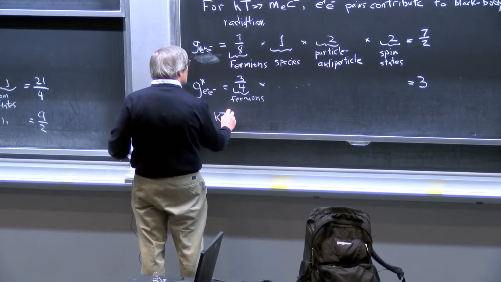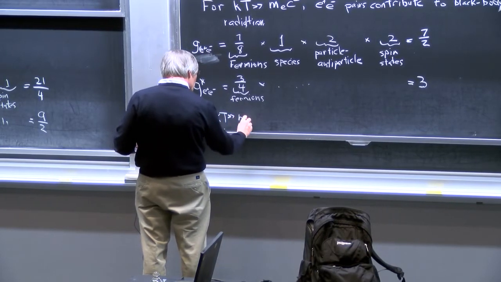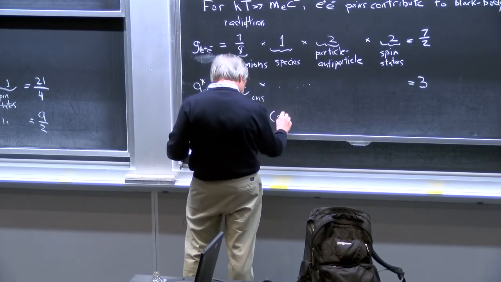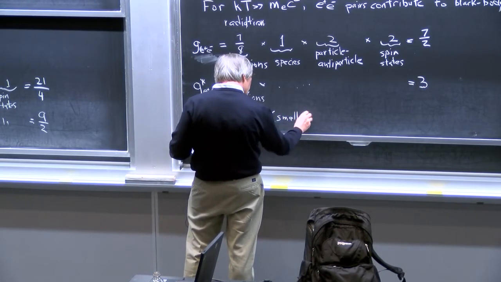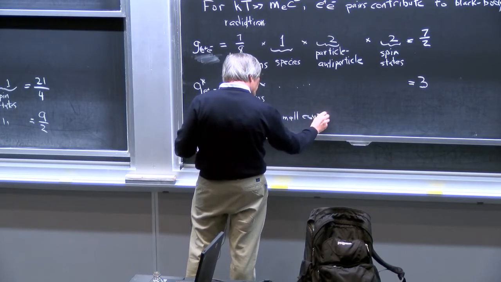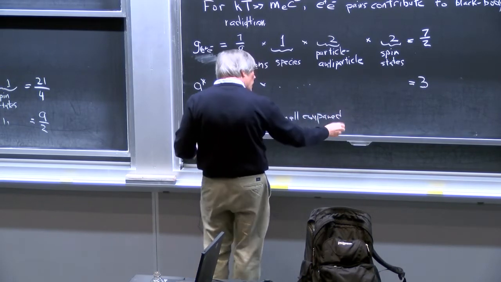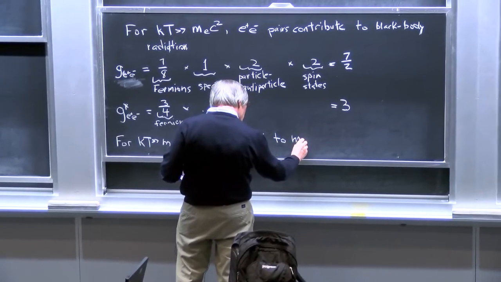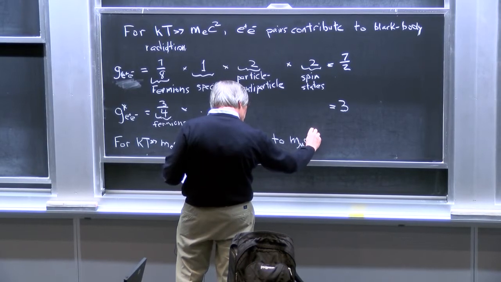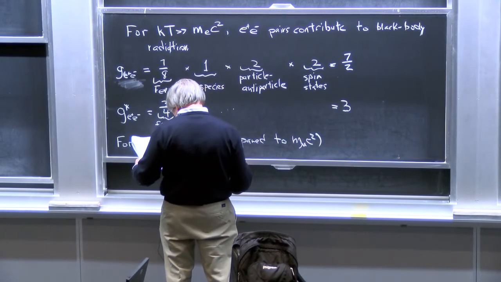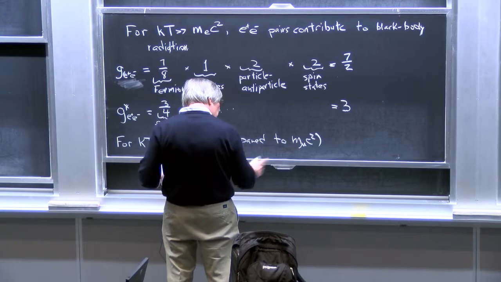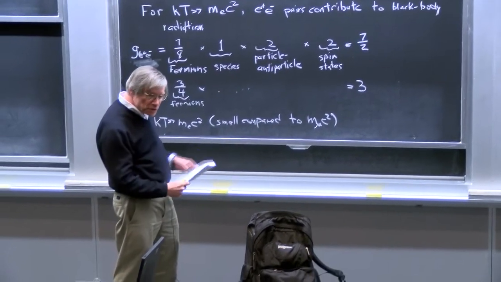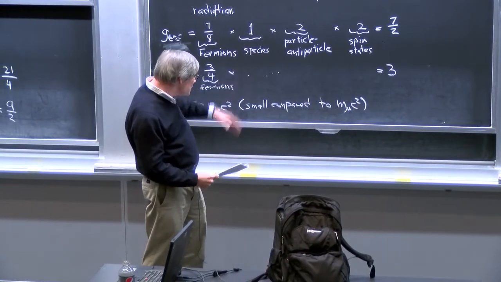So for kT large compared to m sub e c squared, and I should say small compared to the next threshold, m sub mu c squared, the mass of the muon. The mass of the muon is 106 MeV. The mass of the electron is 1/2 of an MeV. So there's a good long range here where this is the right number.